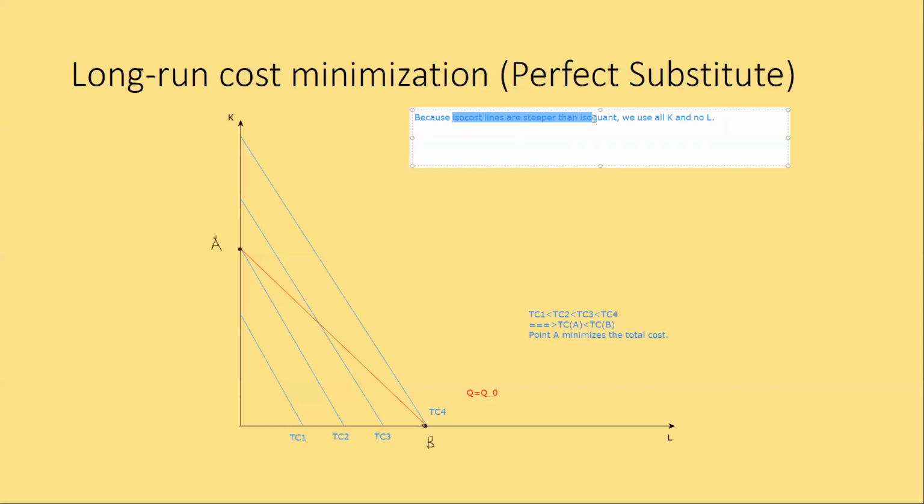So what does this correspond to? When isocost lines are steeper than the isoquant, it means that the absolute value of the slope of the isocost lines is larger than the absolute value of the slope of the isoquant, right? So this is going to mean that W divided by R is larger than MPL divided by MPK.